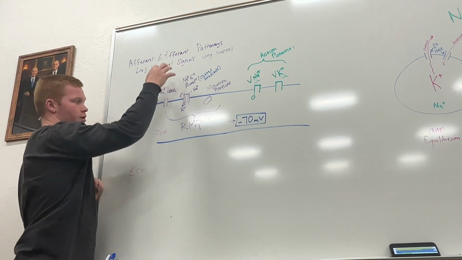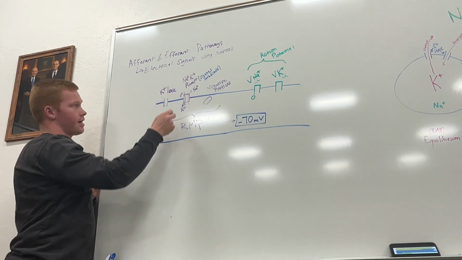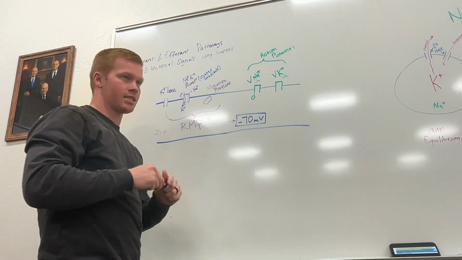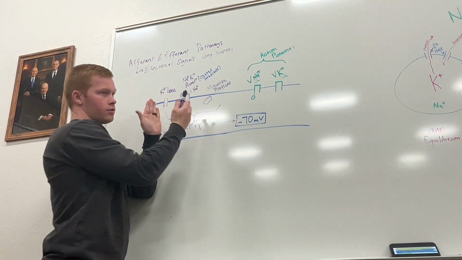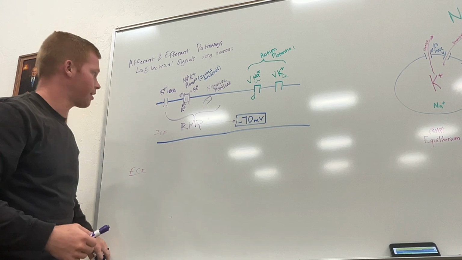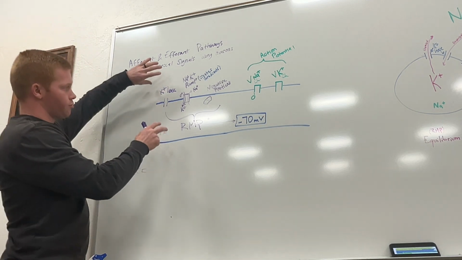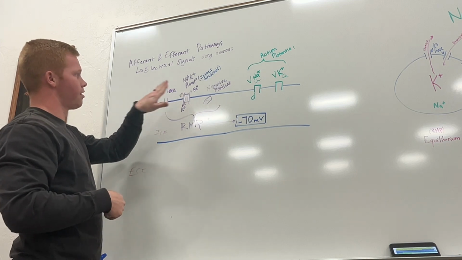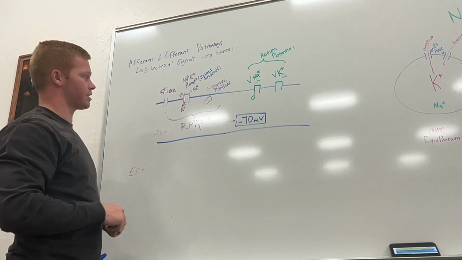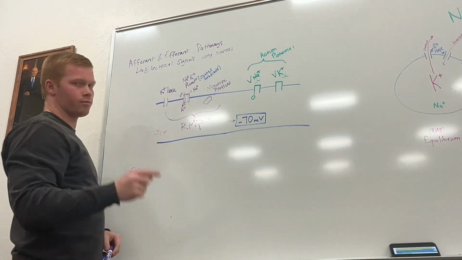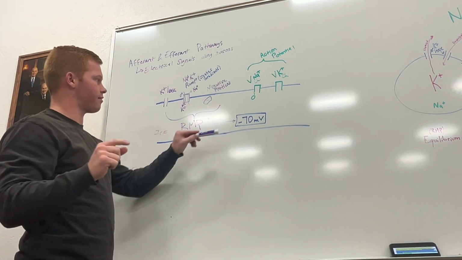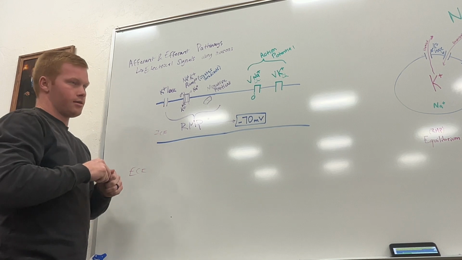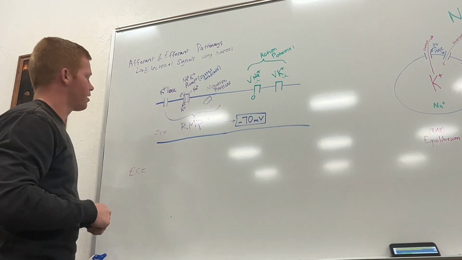There's more sodium on the outside, less sodium on the inside, so the sodium wants to come inside, but the cell is less permeable to sodium. It has less channels to come back inside of the cell. So that's where our chemical gradient is established, through the sodium potassium pump.